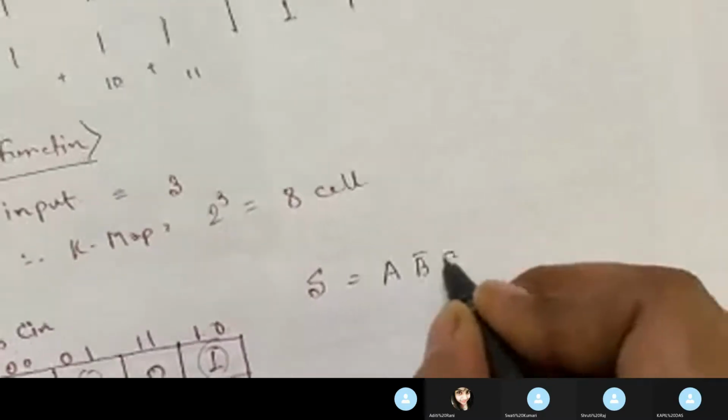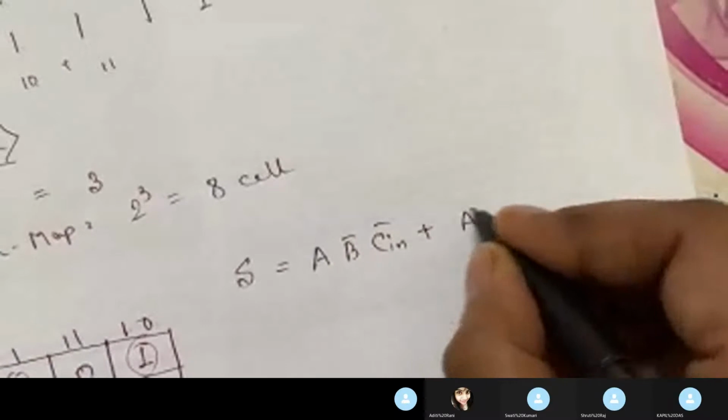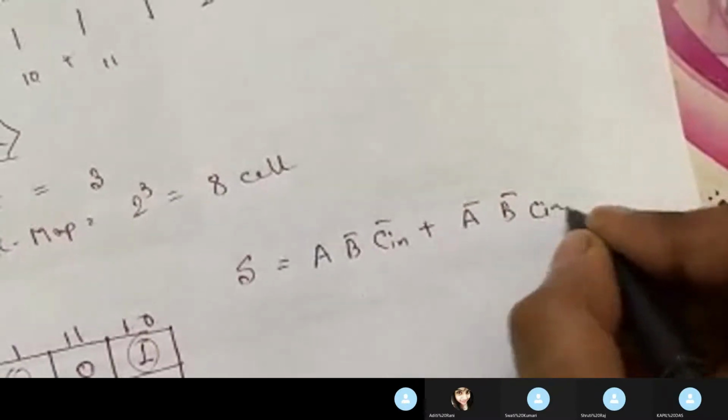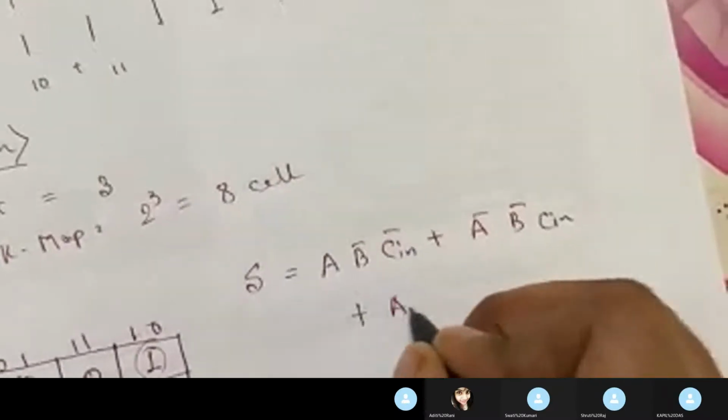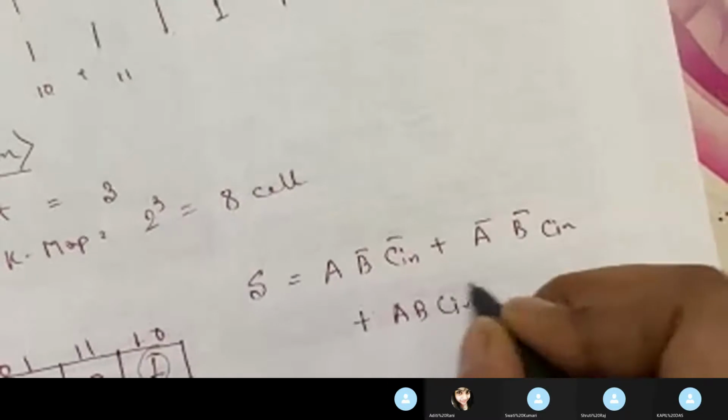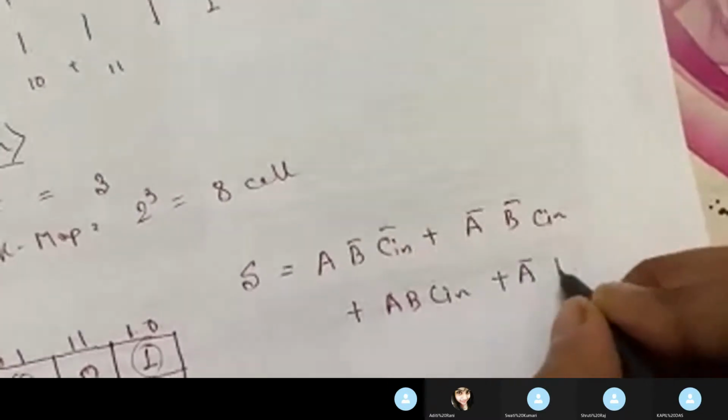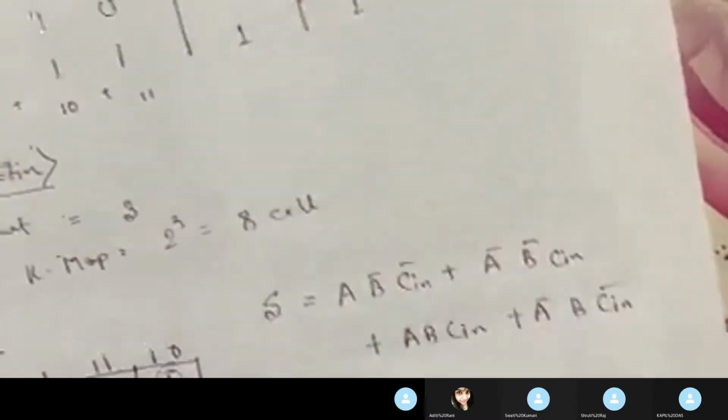So it will be like A B bar C in bar plus A bar B bar C in plus A B C in plus A bar B C in bar.